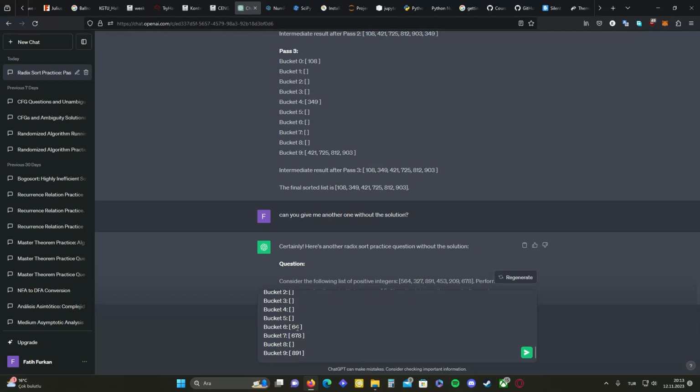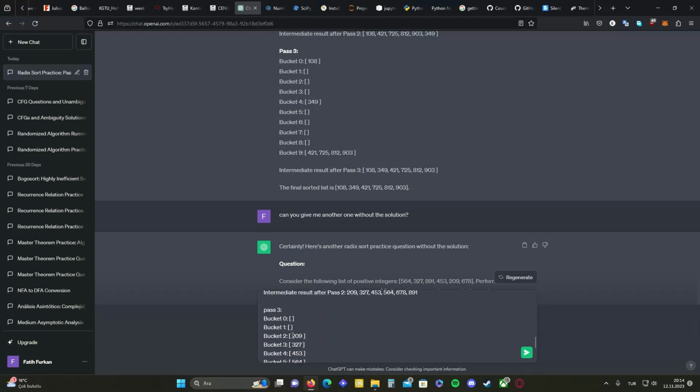So let me clear the boxes, and in pass 3 we check the third digit, and if we look at that we have 209 for bucket 2, 327 in bucket 3, 453 in bucket 4, 564 in bucket 5, 678 in bucket 6, and 891 in bucket 8.